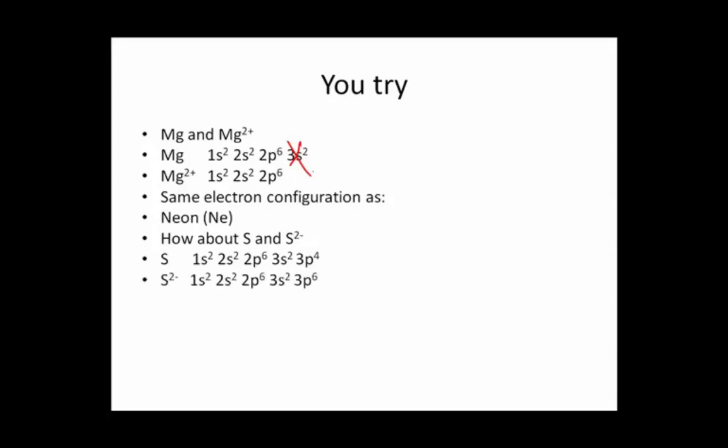So it gets 2 more by adding those 2 electrons, and it becomes 3p6, which is the same as, you guessed it, argon. So what's the key point? The key point is ions want to become their closest neighboring noble gas.